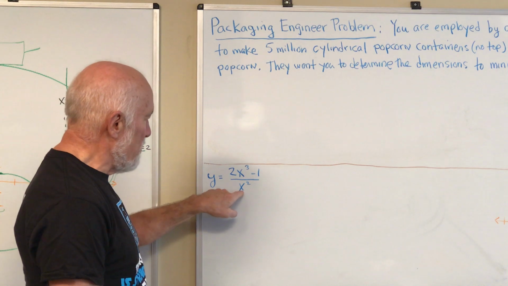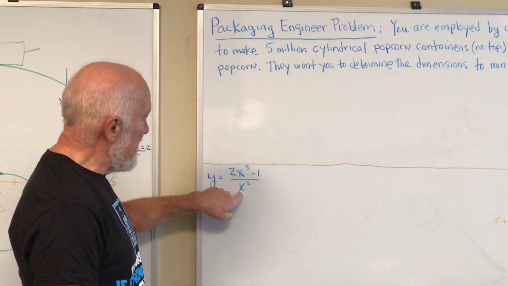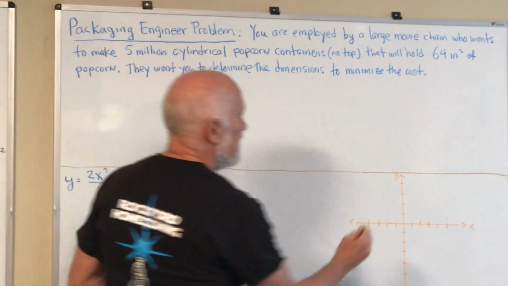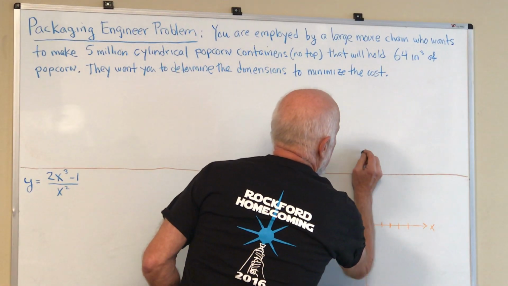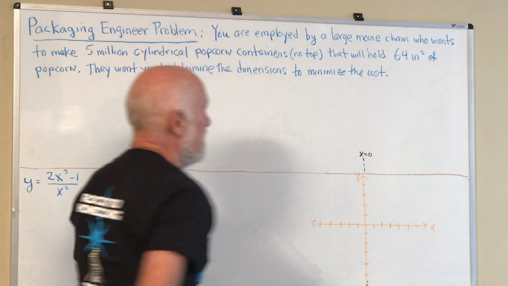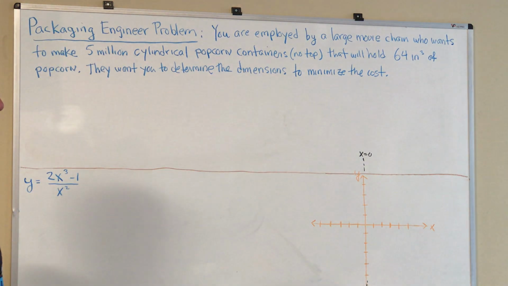A vertical asymptote: x equals 0 makes the denominator 0 and not the numerator. So x equals 0 is going to be a vertical asymptote.